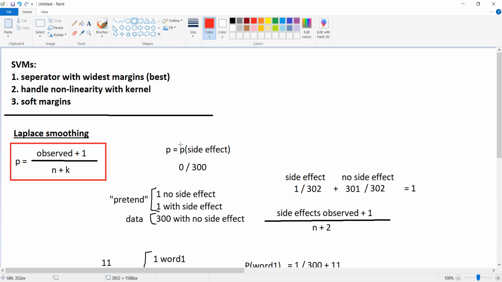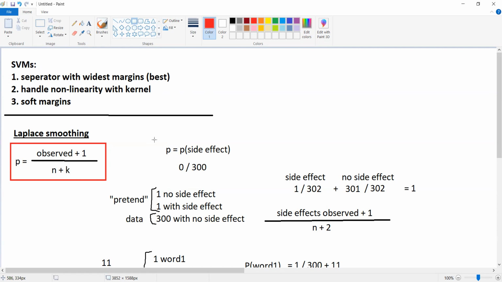Remember, it's a generative model: we build two distributions, one for each class, and then we see an observation and see, based on this class, what is the likelihood, and based on the other class, what is the likelihood, and we see which one is higher. But it's not the probability that this is class one, given we saw word one. It is the opposite. It's the probability that this is word one, given we're in class one. Yes, exactly. It's very confusing, I know, but I think we ran through it.